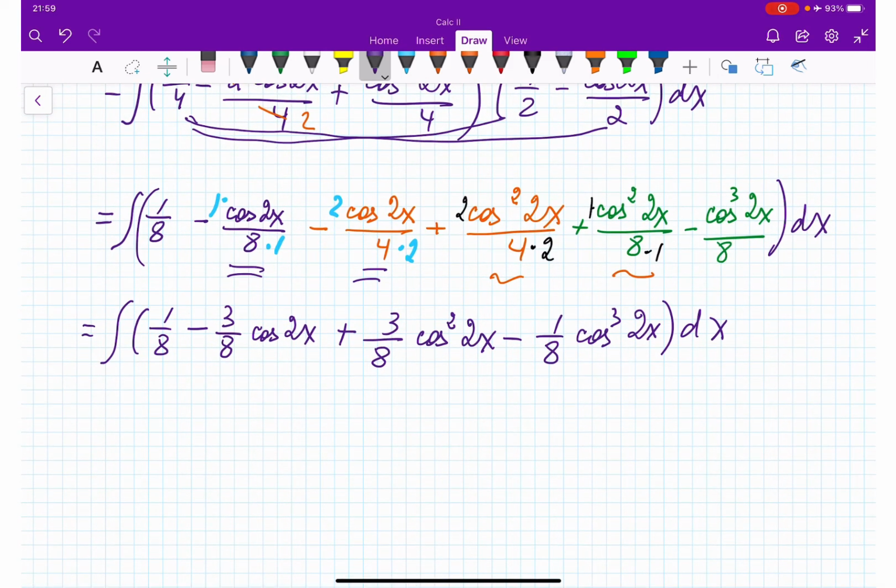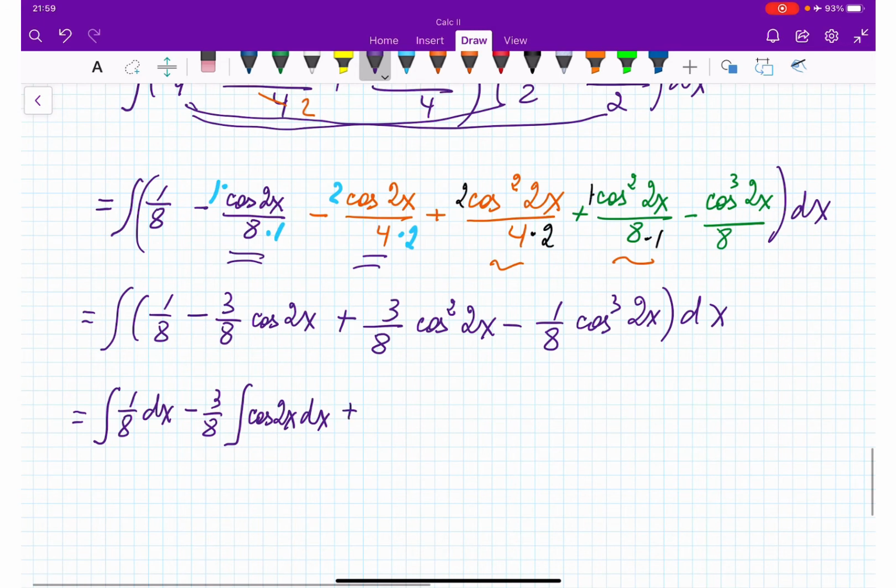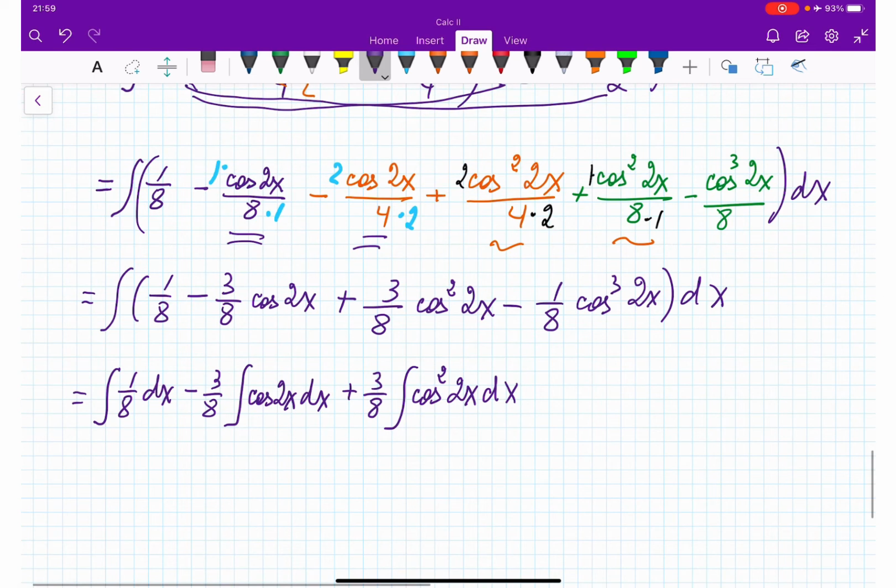So it's going to be integral 1 over 8 dx minus 3 over 8 integral cosine 2x dx plus 3 over 8 integral cosine squared 2x dx and minus 1 over 8 integral cosine cubed 2x dx.